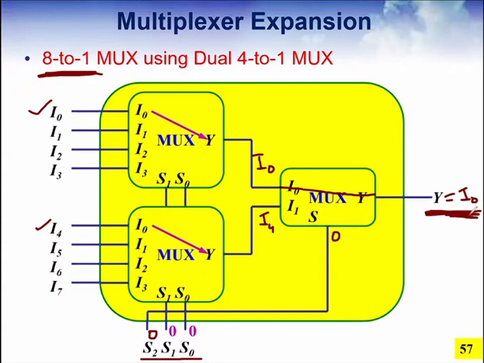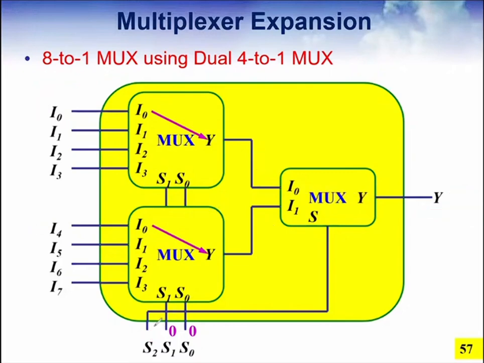Okay. So this is a very interesting concept. We are using here dual 4 to 1 multiplexers and a 2 to 1 multiplexer. For S2 equal to 1, it will be I4. Definitely, yes. That's why I'm telling you. For example, if you make it 1, 0, 0, you know what the value of y should be.